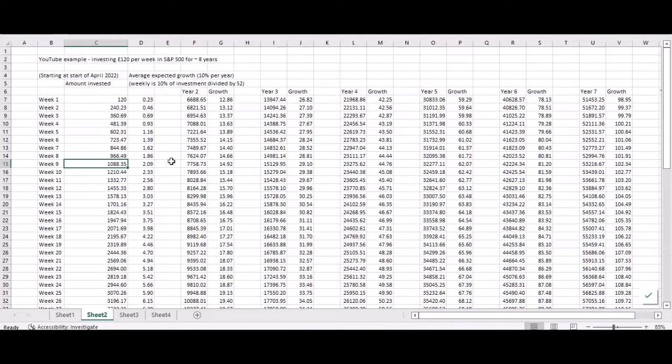So not a massive amount, but it's only been less than, well, just over 2 months in fact, since we started this. And there's a lot further to go yet.